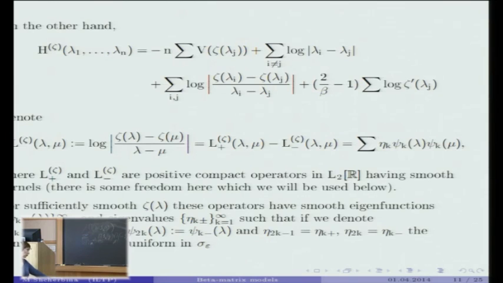And for the future, it is important to write it as a difference of some positive operators. And of course, here you have freedom in how to write it. The most natural way to do this is just to take the positive definite and the negative definite part of this kernel. And in the initial version, it was written like this. But after I understood that it's more convenient to take some other positive operators, which are also smooth.